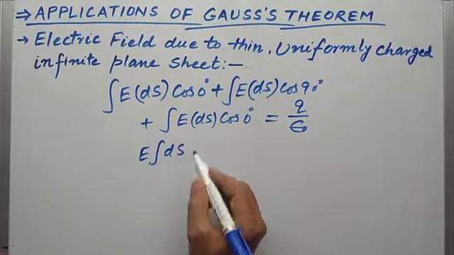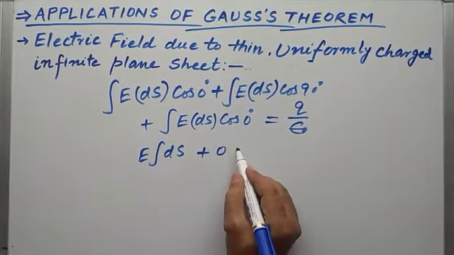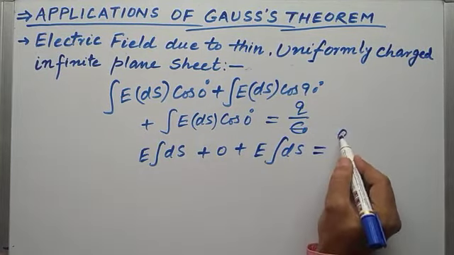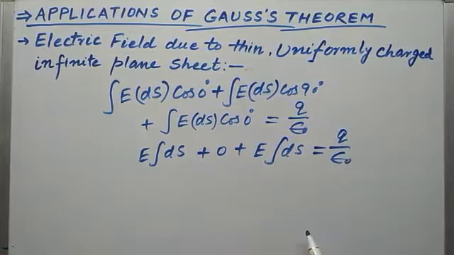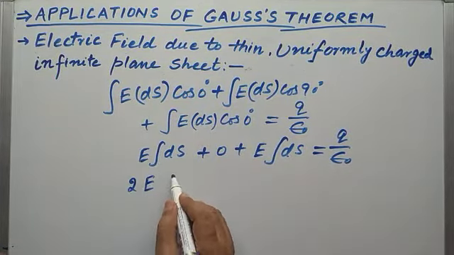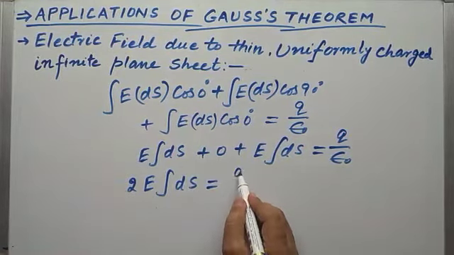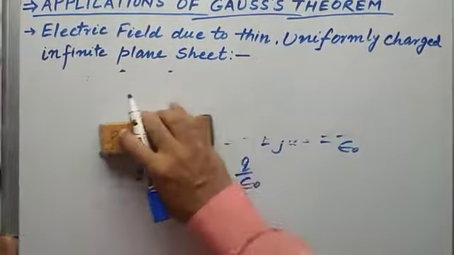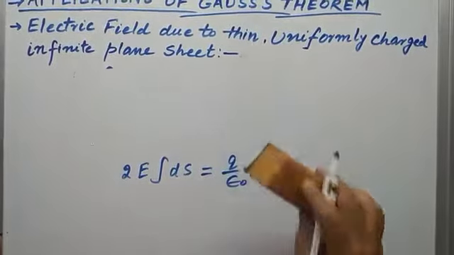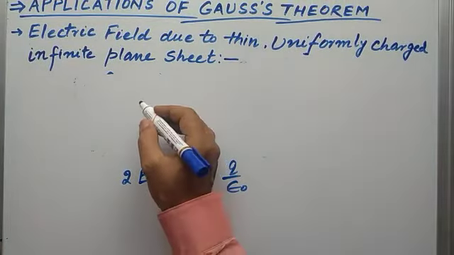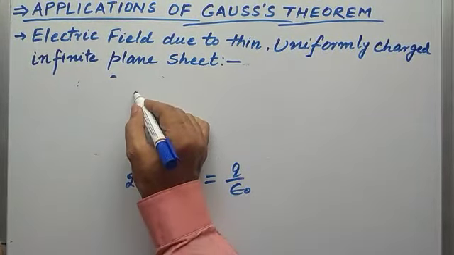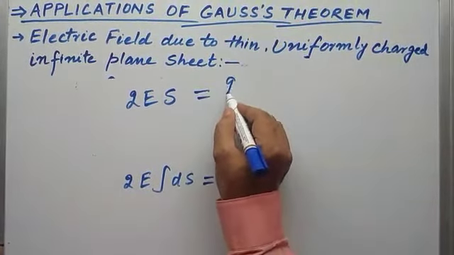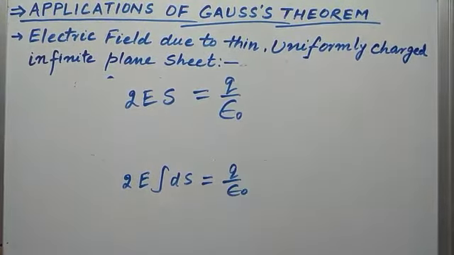E ds cos 0 is 1, plus 0, plus E ds equal to q by epsilon naught. 2 times E ds equal to q by epsilon naught. Now simply we can write 2E into S equal to q by epsilon naught.